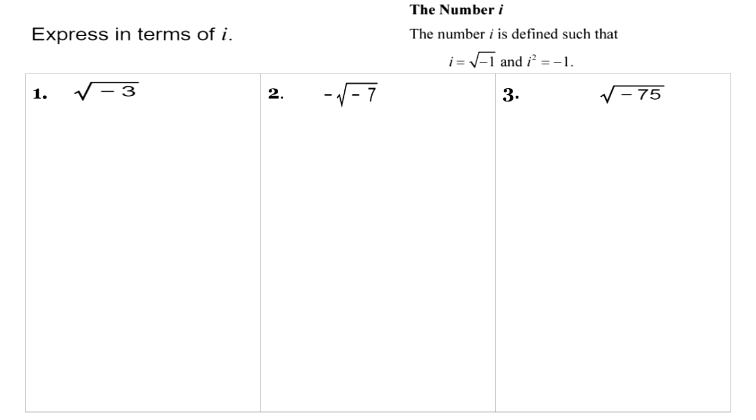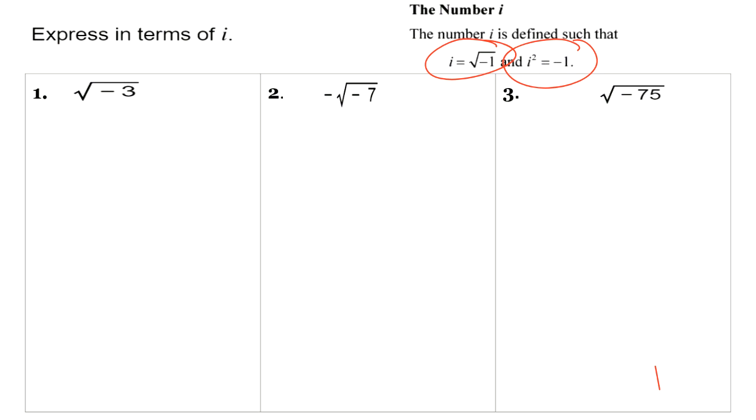So if I look at my rules, it states that whenever I have a negative, I take out an i. Whenever I have i squared, it is equal to -1. So the i only comes out when I have a radical, a square root. For example 1, I have the square root of -3.